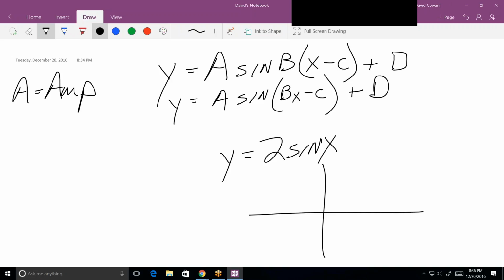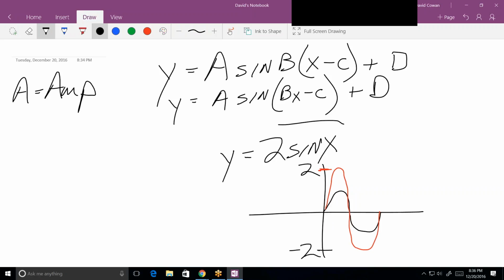So the regular sine curve may look like that, but this curve is going to look like this. It's going to be a vertical stretch by a factor of 2, except the x-axis at the same points. It has the same zeros, but notice the range all of a sudden now goes from -2 to 2.